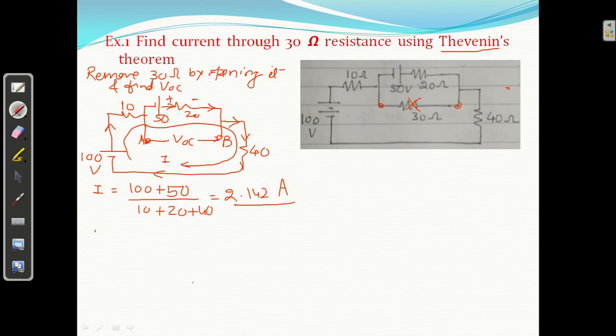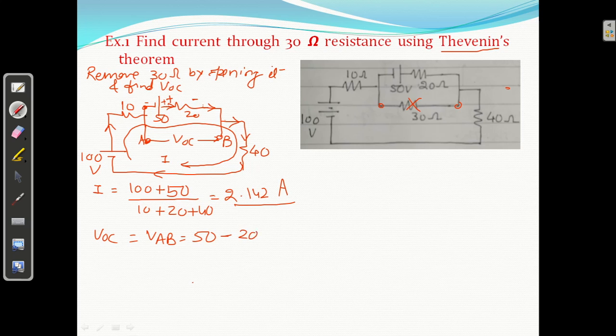VOC equals VAB. From this point to this point, no change. From here to here, this is minus, this is plus, so minus to plus, it is a rise of 50. From here to here, it is plus to minus, so it is a drop.